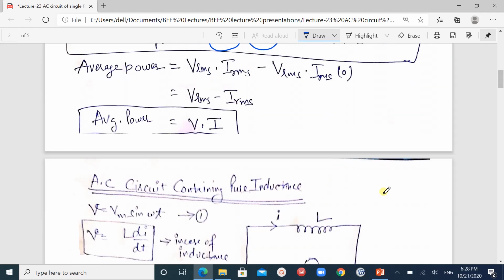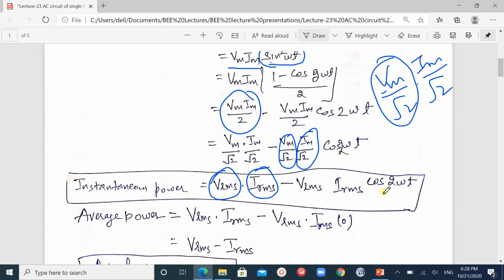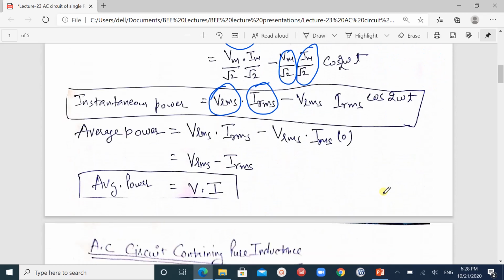Then we find out the average power. Average power is given by Vrms into Irms minus... from the instantaneous power we find out the average power. Average power is the sum of the total power in positive and negative.